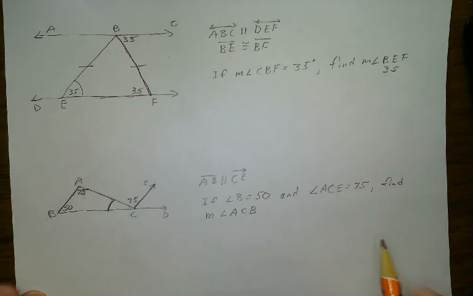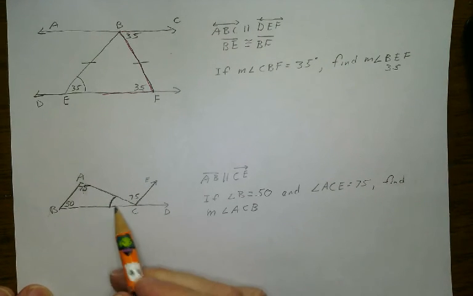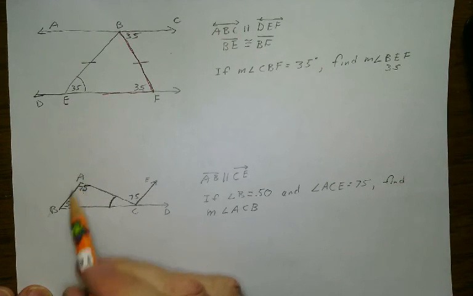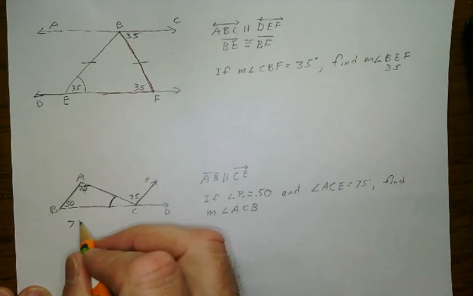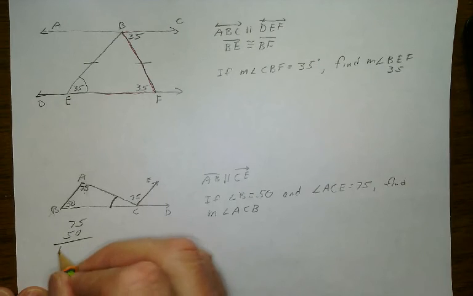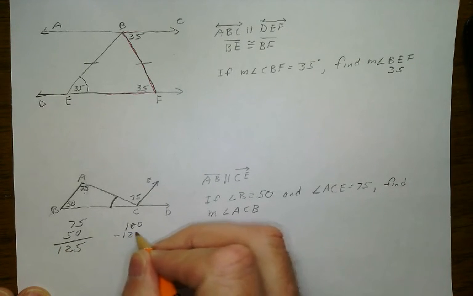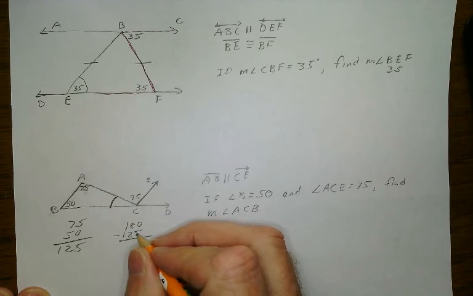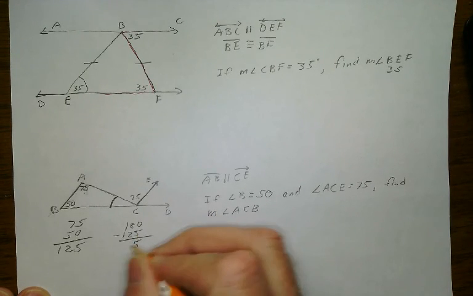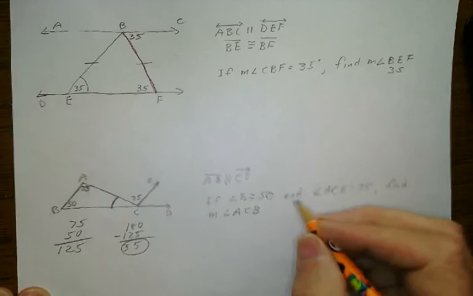If these are parallel, that 75 makes that 75. Well then, how do we find that remaining one? It's a triangle. We know all three angles add up to 180. So if you add the 75 and 50, you get 125, and then you subtract 125 from 180, and you get 55 as our answer.